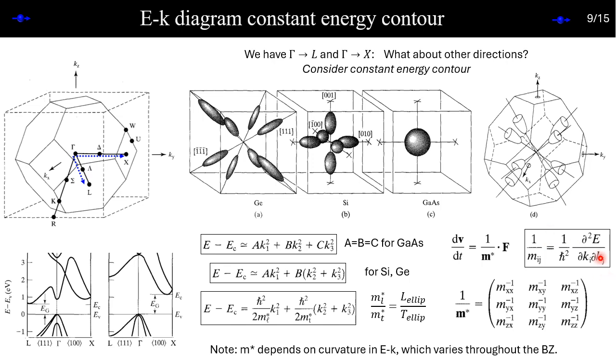So we have d squared E by dk square, right? Now if we have cross terms, then it will be d squared E by dk_i dk_j, where i and j can be x, y. The diagonal terms are d squared E by dk_x square, or d squared E by dk_y square, but we also have off-diagonal terms, which will be represented like that. It is very complicated, but you expected it, right?